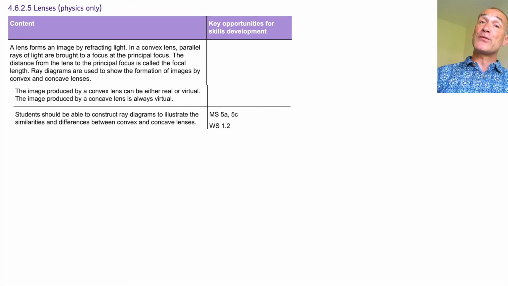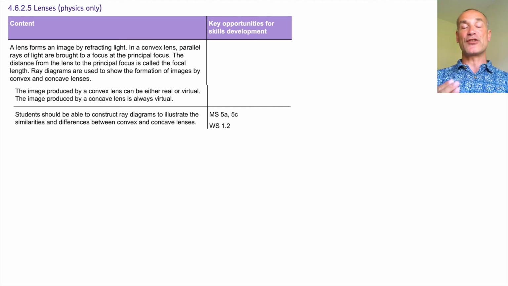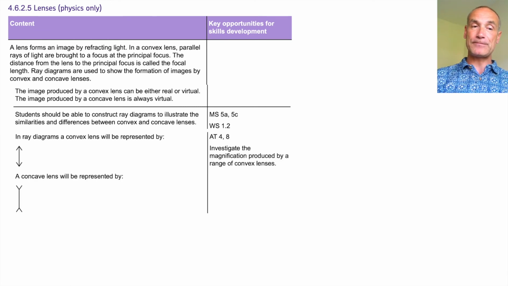It says students should be able to construct ray diagrams to illustrate the similarities and differences between convex and concave lenses. So that is just really producing ray diagrams like the ones I've given you. In your exam, they will start to build that ray diagram for you. They won't expect you to do it from scratch, and they will ask you to fill in the rest of the rays to show where the image is produced.